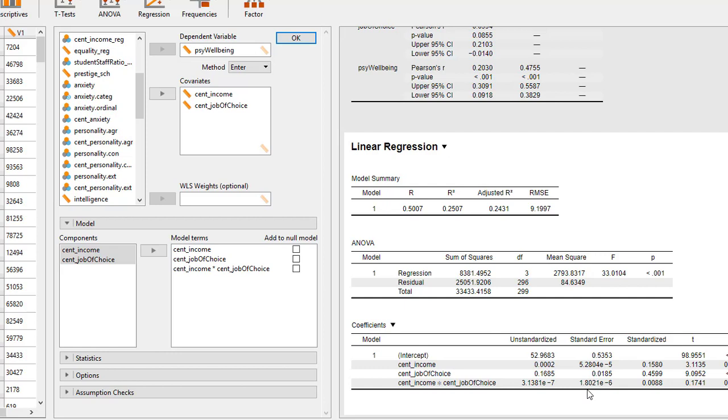So in order to avoid that, what we do is center values, and then both variables will have a mean of 0, and then we multiply those values.